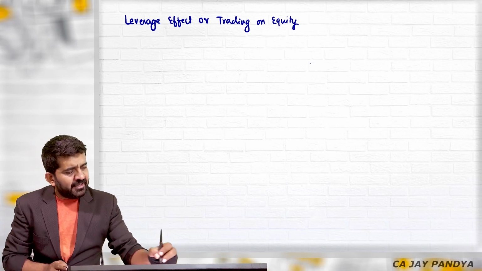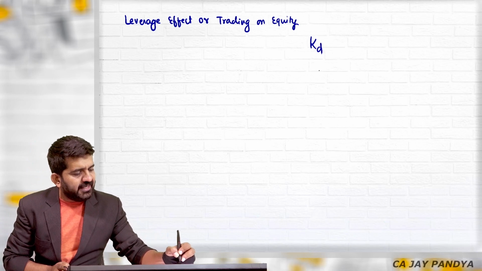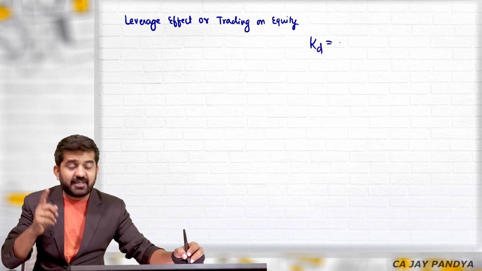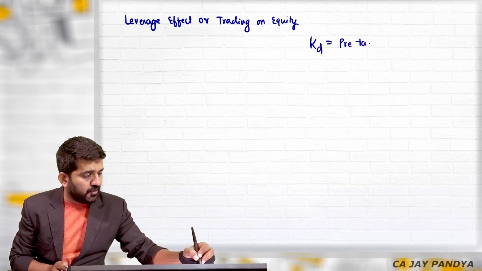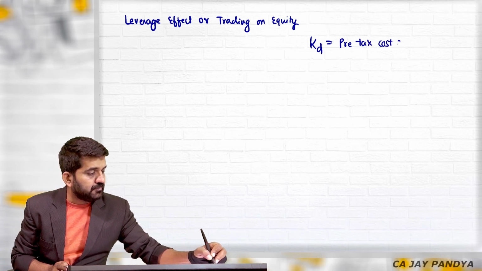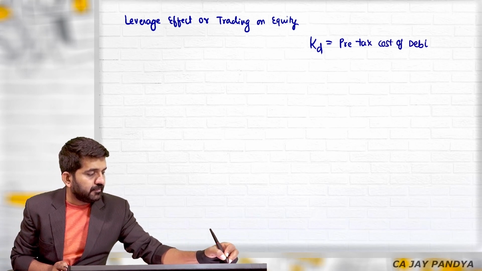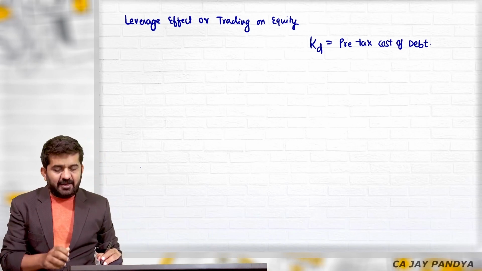We have already understood the concept of KD in cost of capital, but here KD is the pre-tax cost of debt. See what does leverage effect say?